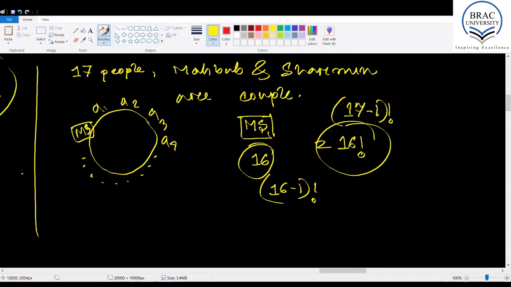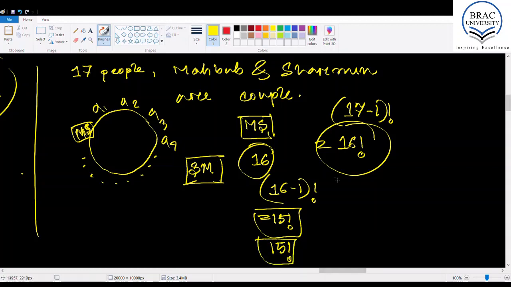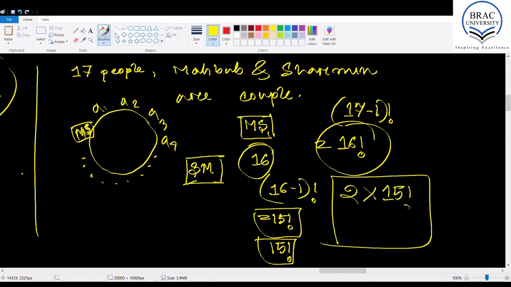So here we saw that Mahbub sat to the right of Sharmin, and do you think if we change the relative position of Mahbub and Sharmin like this, S and M, then for Mahbub sitting to the right of Sharmin, we get total 15 factorial different ways, and for Sharmin sitting to the right of Mahbub, we'll get another 15 factorial different permutations. So the total number of permutations for this problem will be 2 into 15 factorial.